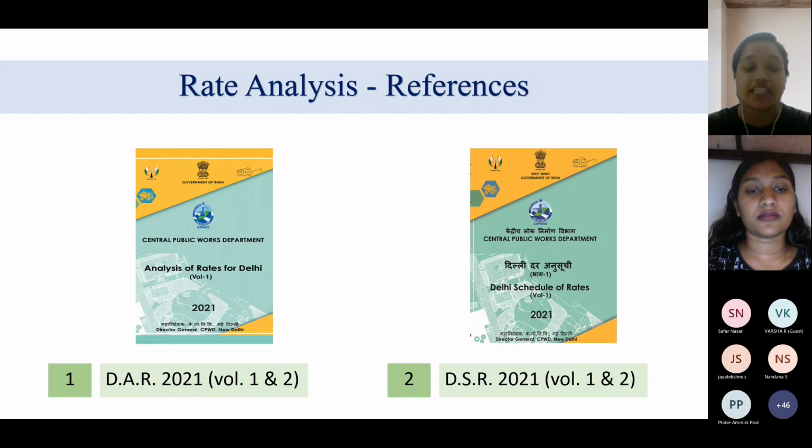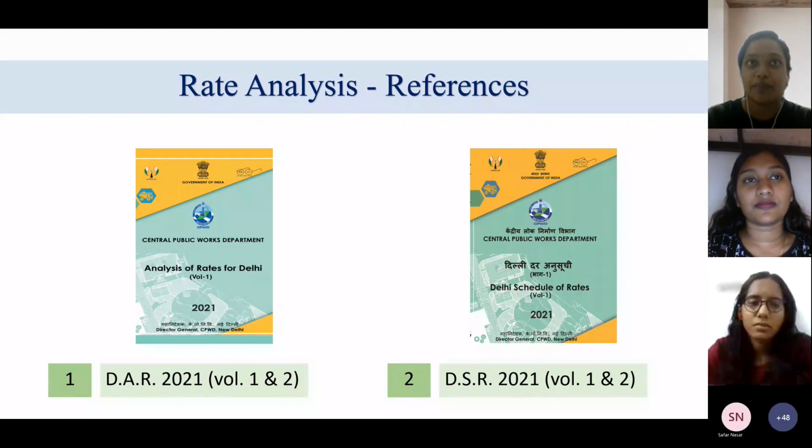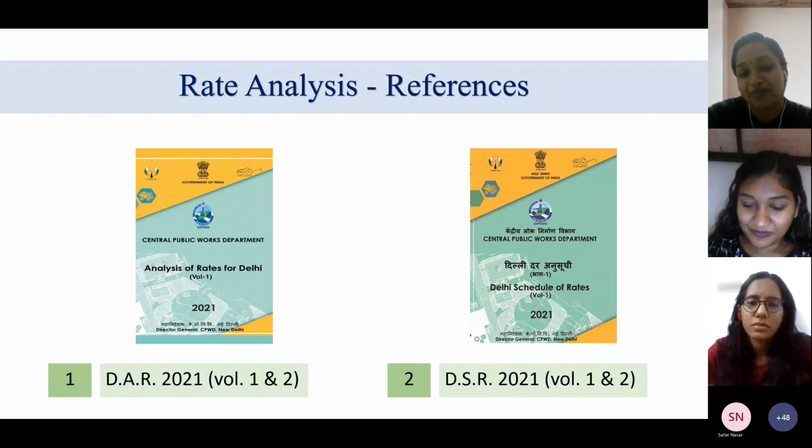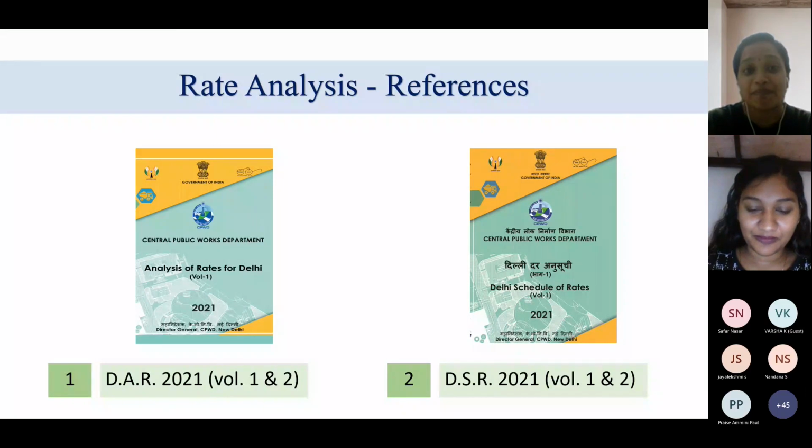Similarly, the method of executing the work. If you are depending on labor, that is manual physical labor, like men and women employed, when you come to civil engineering, we'll call them masons, rebar workers, bar benders, fitters, welders, bhisti. These are the terms used to identify the labor force.